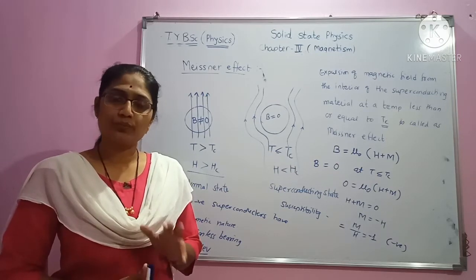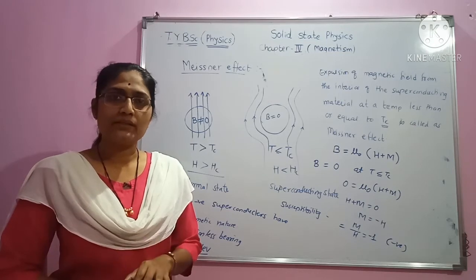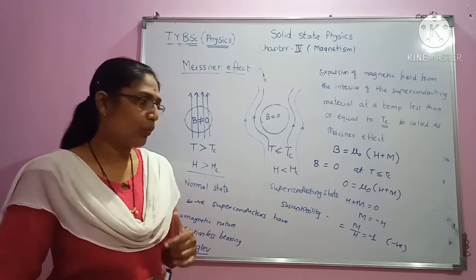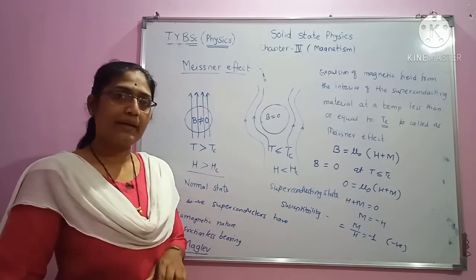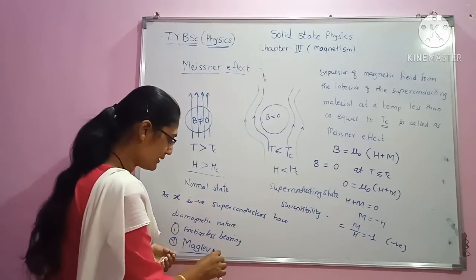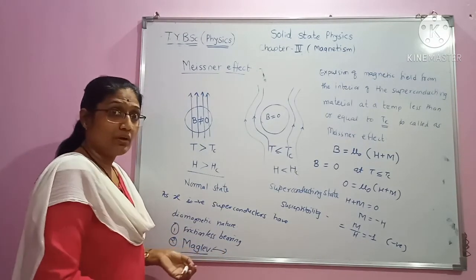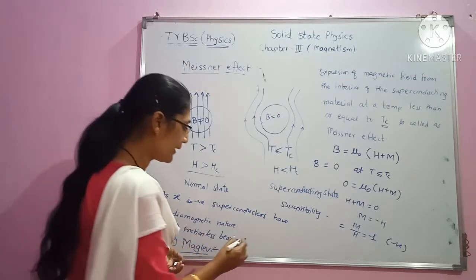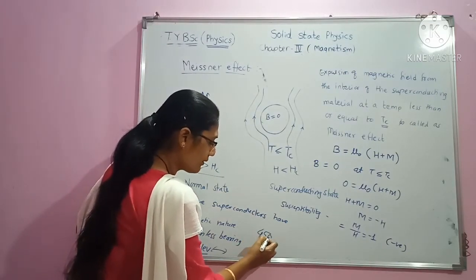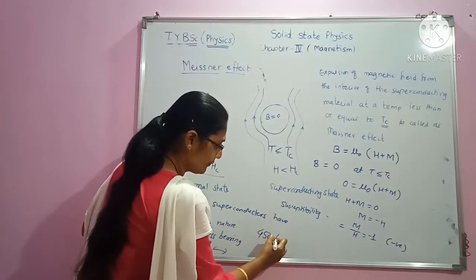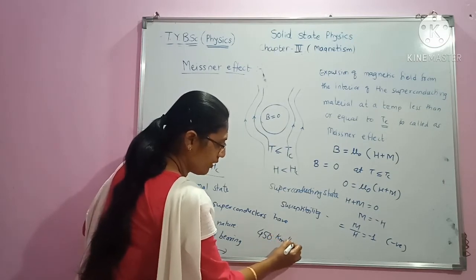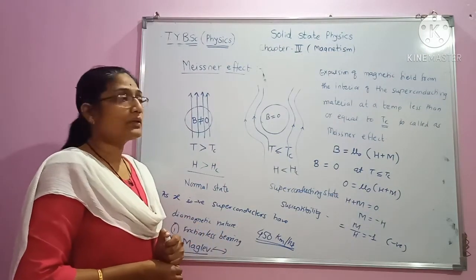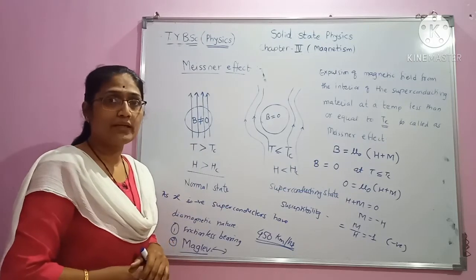And we know that superconductors repel the magnet, and hence the wheels hover over the magnetic material, and hence there is frictionless transportation of this train, and they will obtain a high speed of the order of 450 or more kilometers per hour.